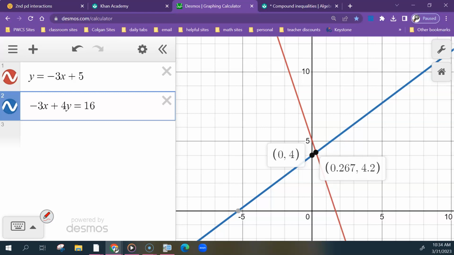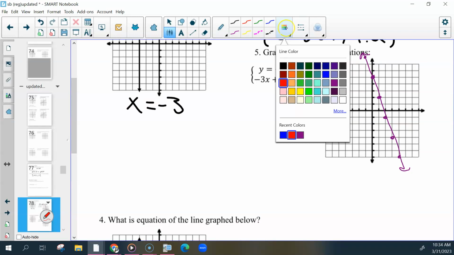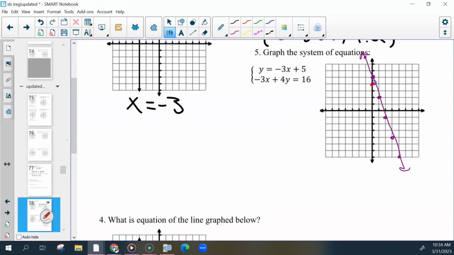It goes through, I think that's supposed to be 4, 7. Yeah, it did it. So 4, 7, and then I'll count the slope and do that. So my slope here would be 3 over 4, sorry. So go down 3, left 4, down 3.